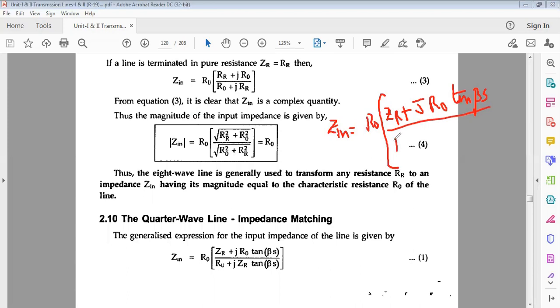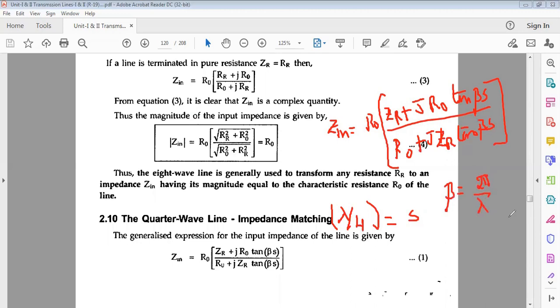Consider here the transmission line length is lambda by 4, quarter wave line, lambda by 4. Divided by R0 plus J into ZR tan beta S, where S is equal to lambda by 4 and beta is equal to 2 pi by lambda. Okay, substitute these equations in the Zin.